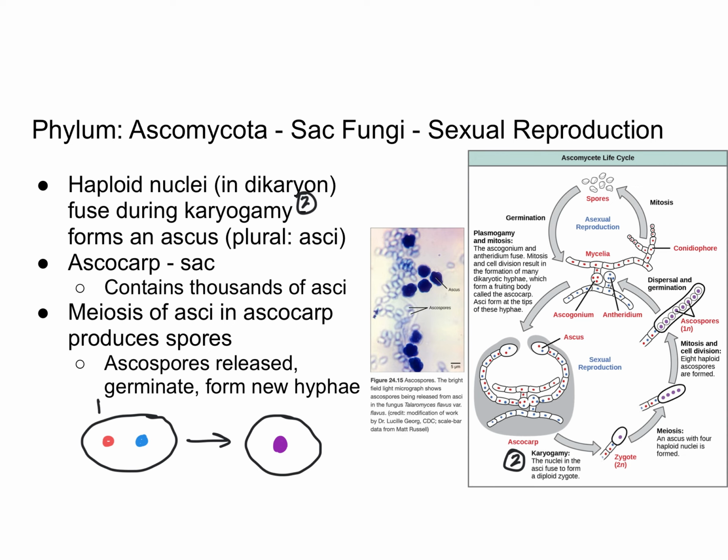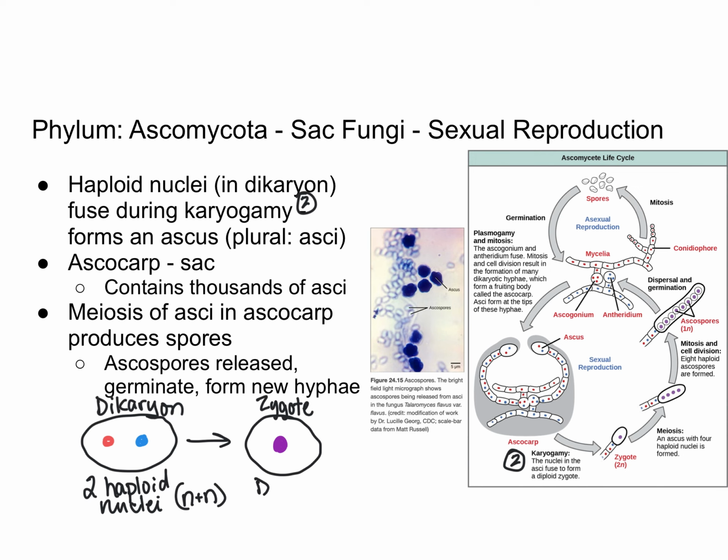Remember that this was the dikaryon formed during plasmogamy on the previous slide that had the two haploid nuclei, which we denoted as N plus N. And then the structure that is formed during karyogamy is a zygote.